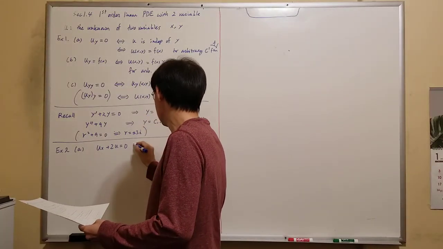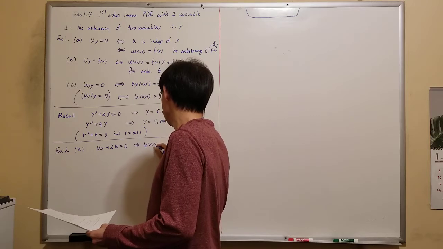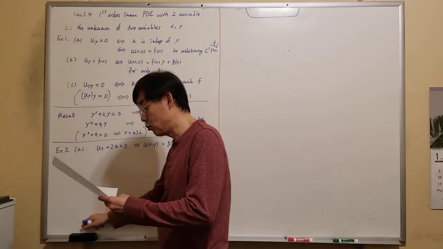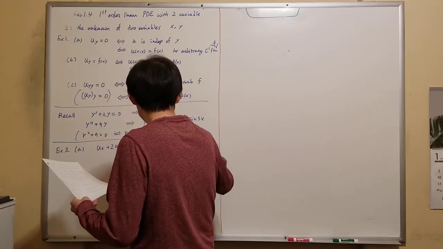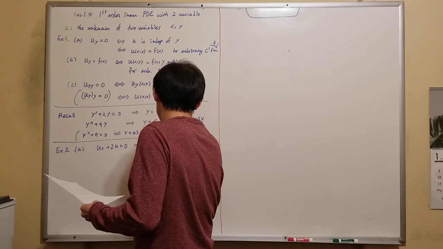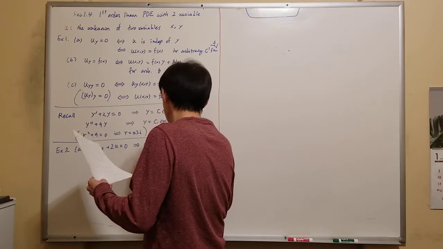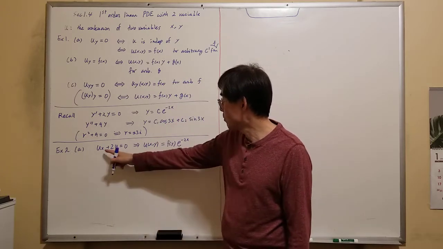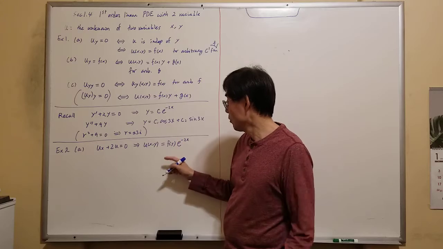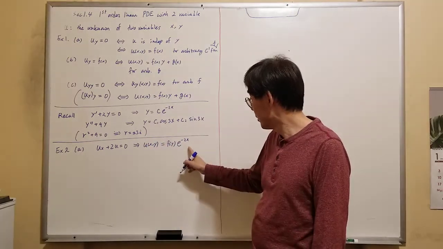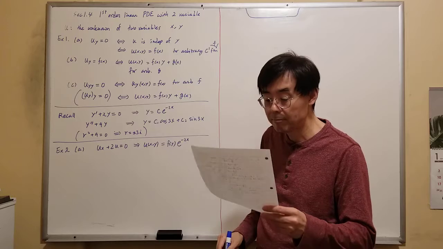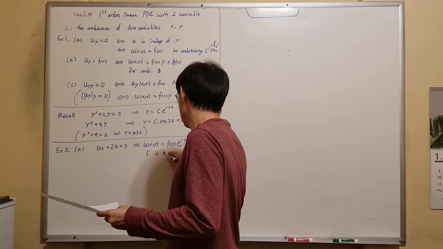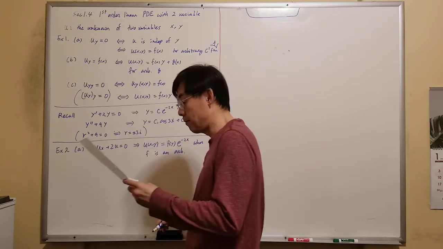So from this, u of x, y must be, your constant will be some function of y, right? f of y, any function of y, times e to the minus 2x, right? For the x partial derivative, a function of y will act like a constant. So this will be the solution, where f is an arbitrary function.